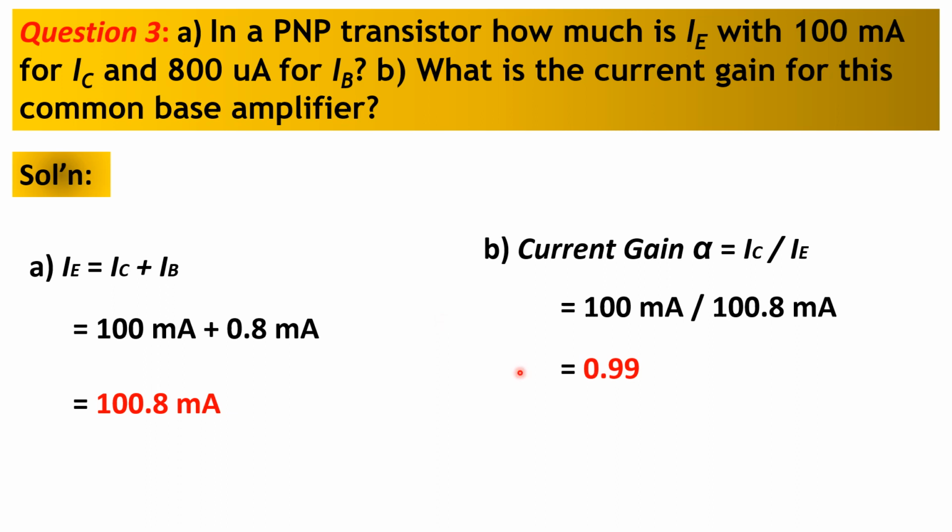And as earlier emphasized, alpha is always less than 1. In this example, it is nearly equal to 1, 0.99.